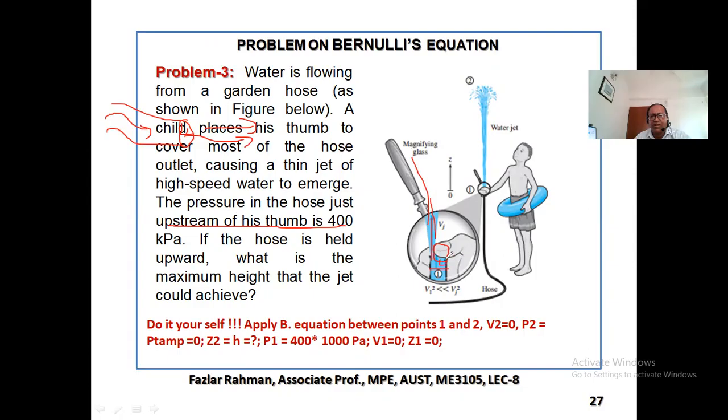Right over here, pressure is 400 kilopascal. Now we need to find how far water will travel in upward direction. So in upward direction, water gets out from the tube with a certain velocity, right? Velocity might be, say, 100.